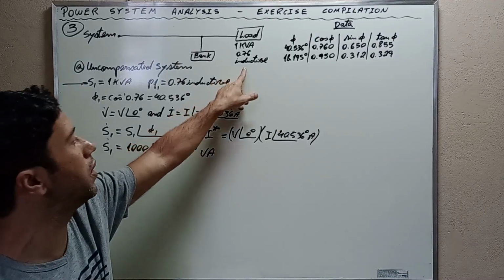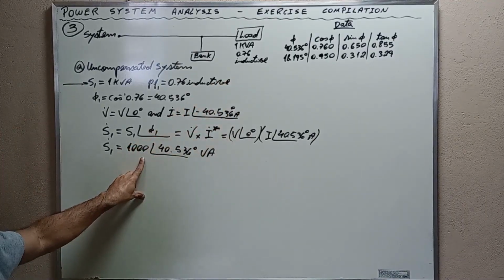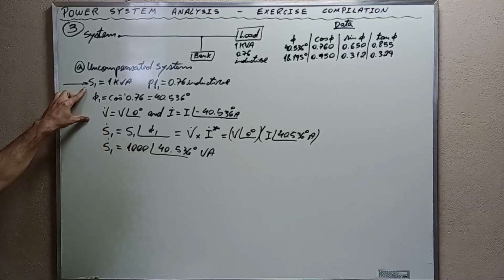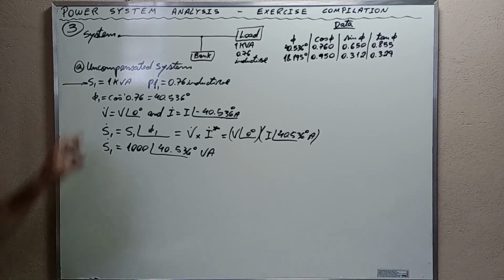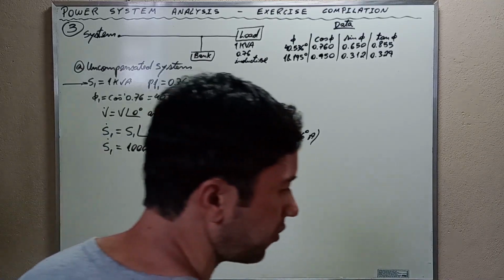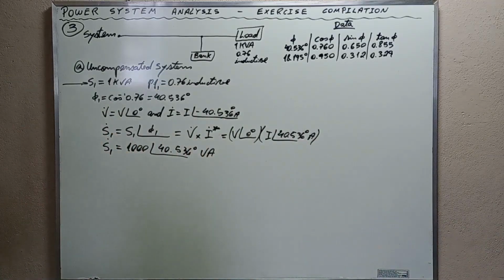The load demands this complex power from the system, and the apparent power is 1 kVA, okay? Now let's work on the uncompensated, the compensated system. We are going to compensate the system with a capacitor bank.